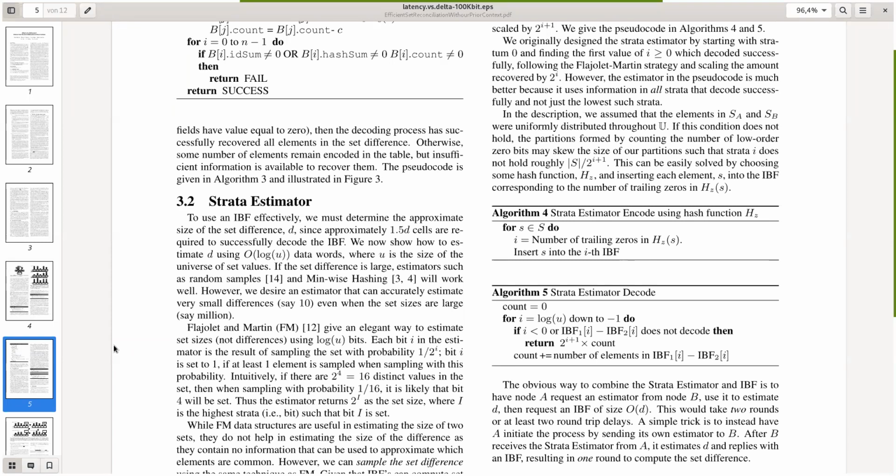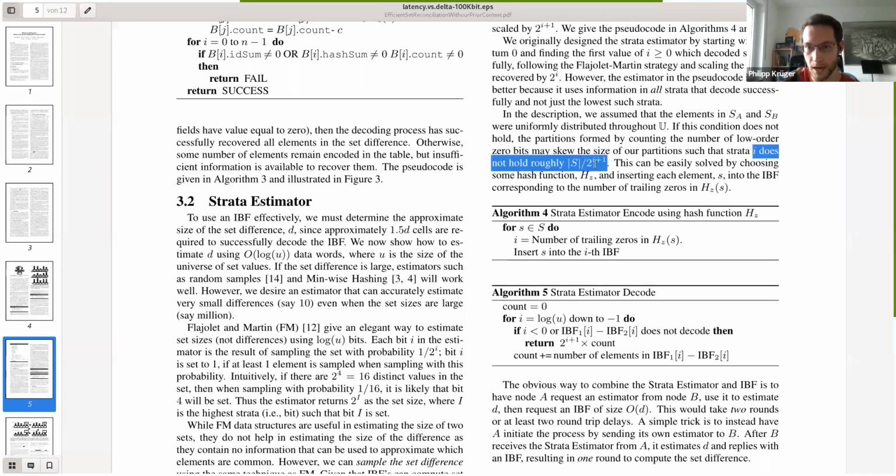I think that's it. Yeah, specifically to that point, the reason that we expect that at least one of these sets in the strata estimator decodes, or one set difference, is this line. All of these strata in the strata estimator only contain a small number of elements, because with a uniformly distributed universe, let's say hashes, it's very unlikely to have a hash with lots of zeros in it.